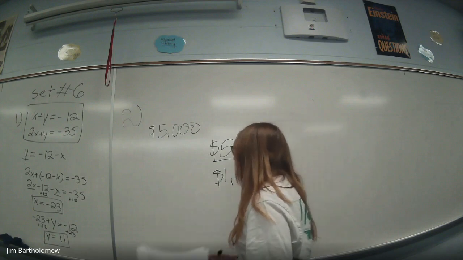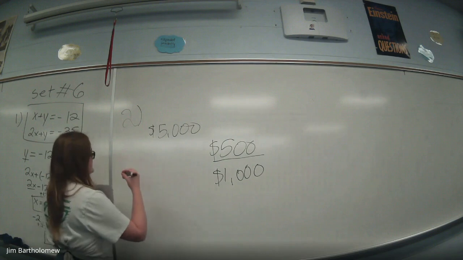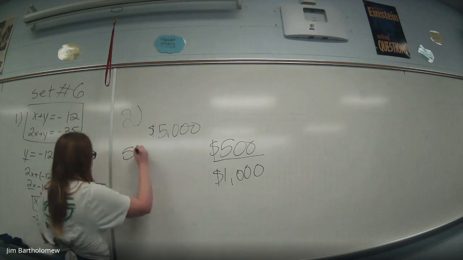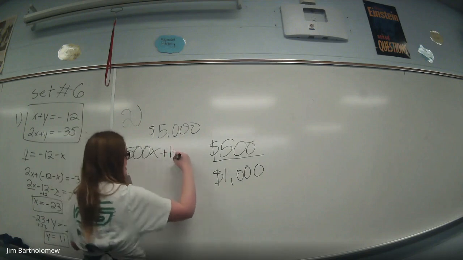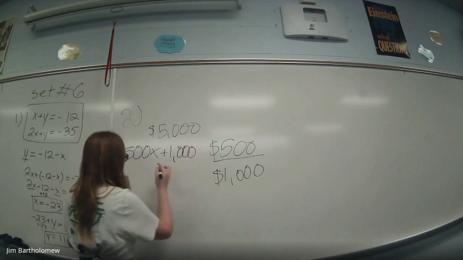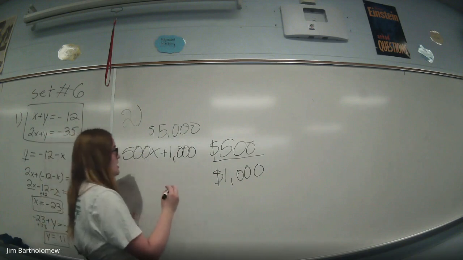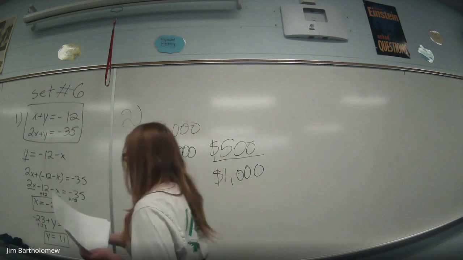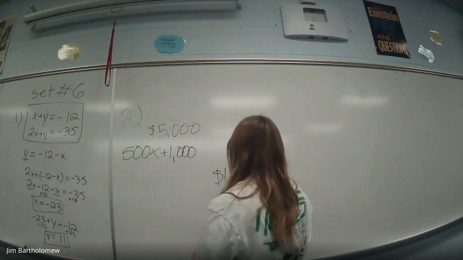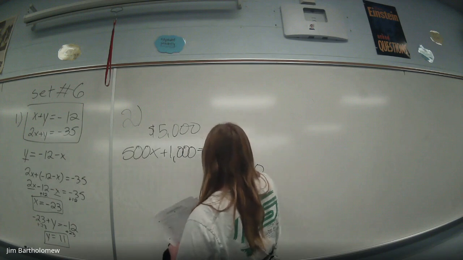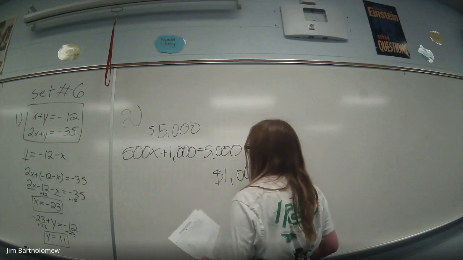So you can actually get 4 answers for this question, but the most simple thing you can do is take 500x plus 1,000. x represents how many bonuses there would be that would be worth $500. I'm sorry, I need to make room for this. And then set that equal to 5,000 because that is the total of all of the bonuses awarded.